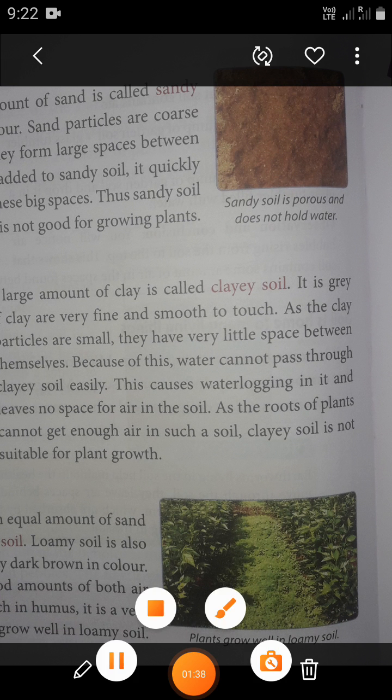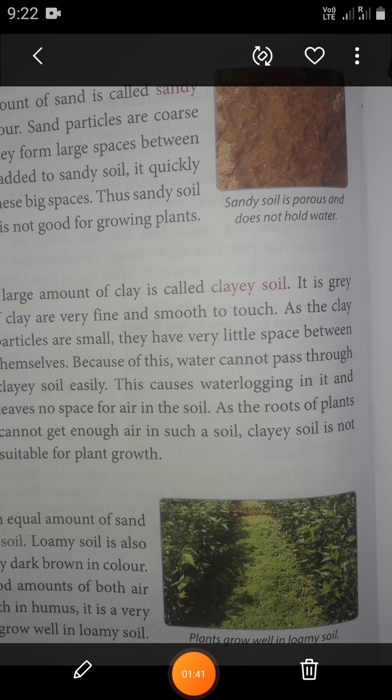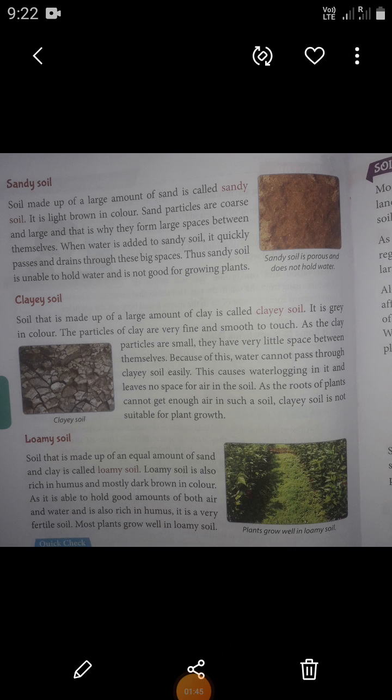Sandy soil is porous and does not hold water. Sandy soil is light, warm, dry, and tends to be acidic and low in nutrients.